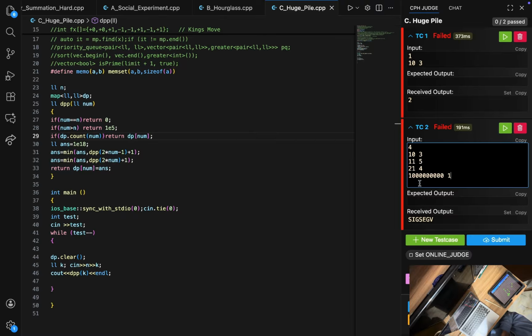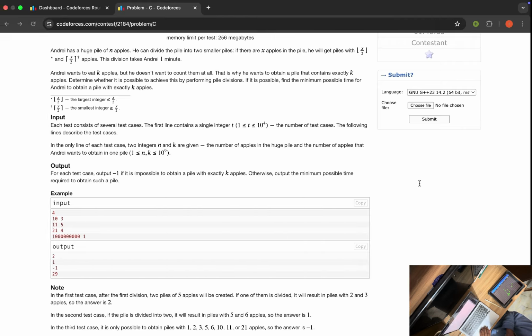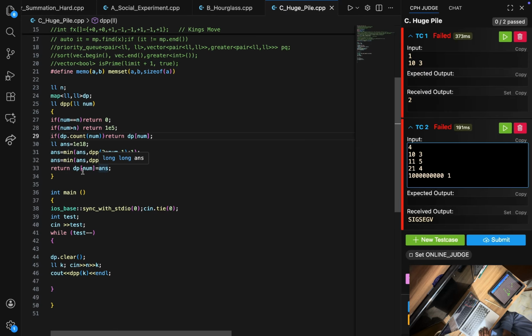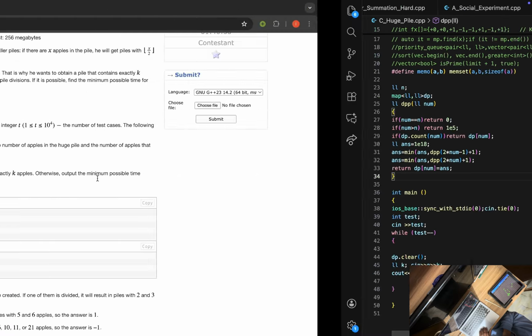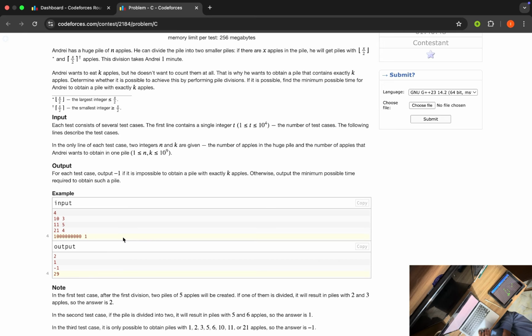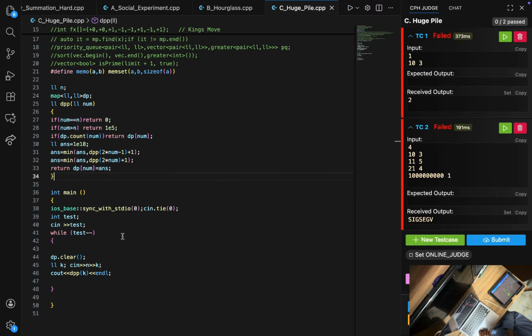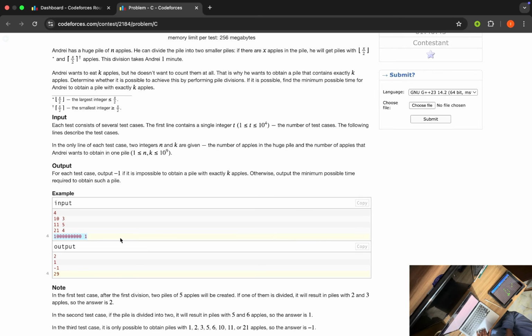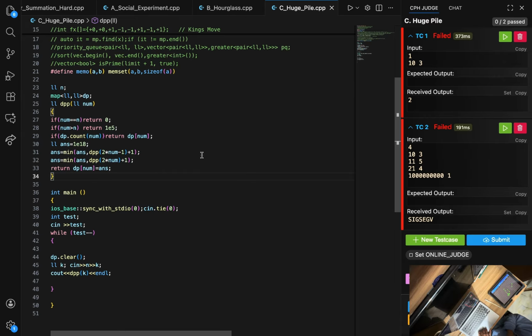At max I have to do 30 or 60 operations. Okay, and both are 10 to the 9. To minimize our value.